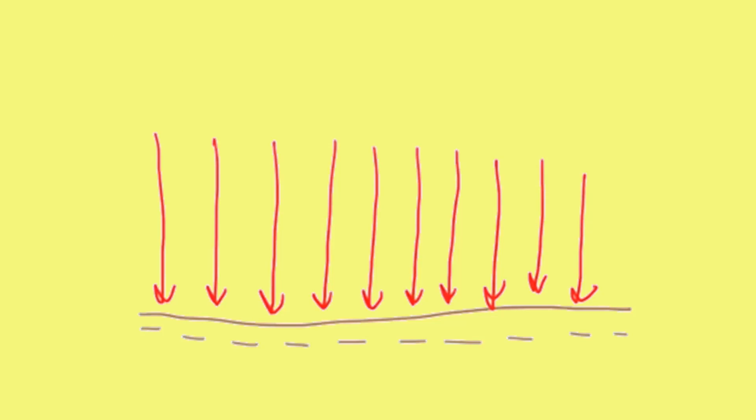Now, if we take some positive charge, say plus Q, put it here, the force on that charge will just be equal to the charge times the electric field at that point, and in this case it would be a constant quantity anywhere. So it's very much analogous to gravitational fields.